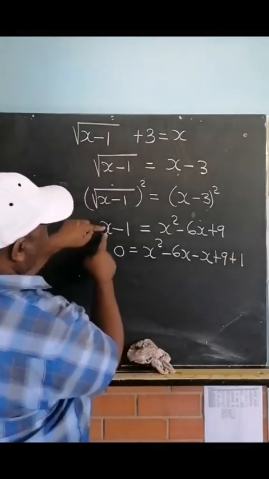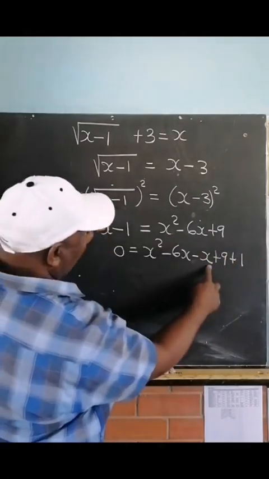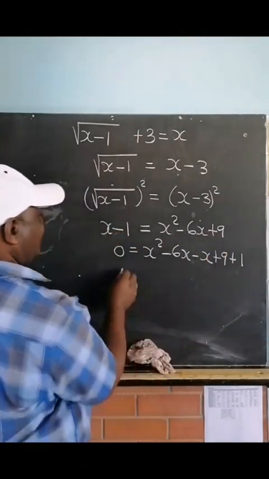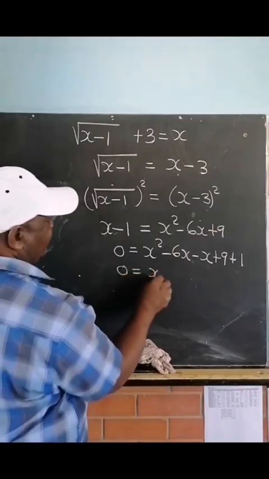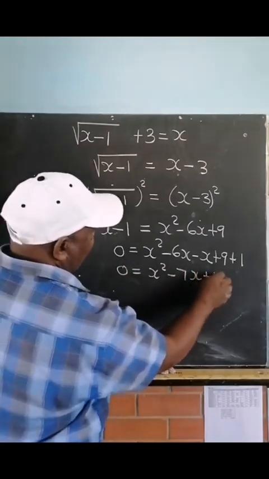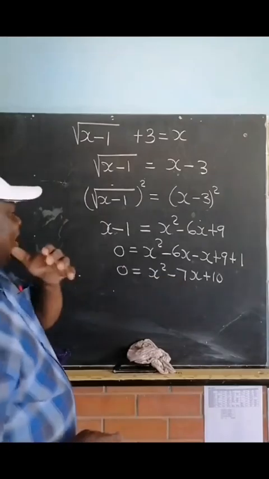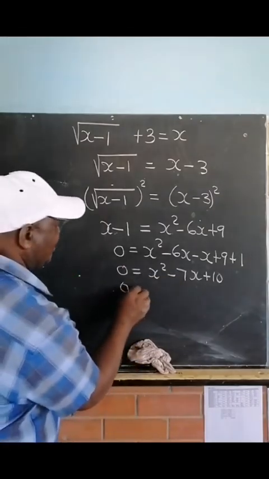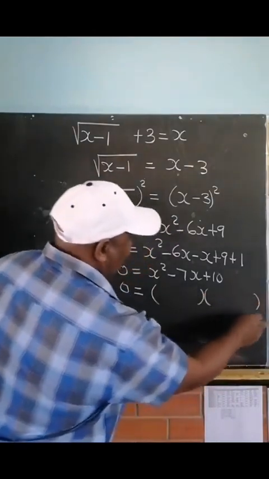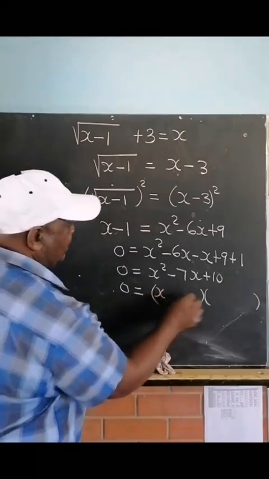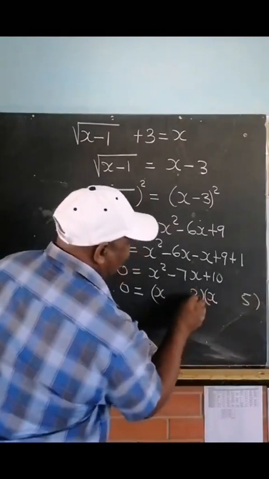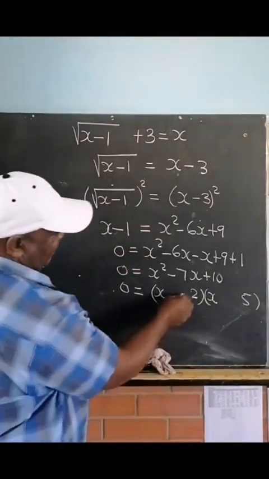Let's check. X went to the right and became negative. 1, which was negative, is now positive. I think it's fine. 0 is equal to x squared minus 7x plus 10. Then the right hand side is factorizable. So 0 is equal to, you open, close, x here, x there, 5 here, 2 here, both of them negative.